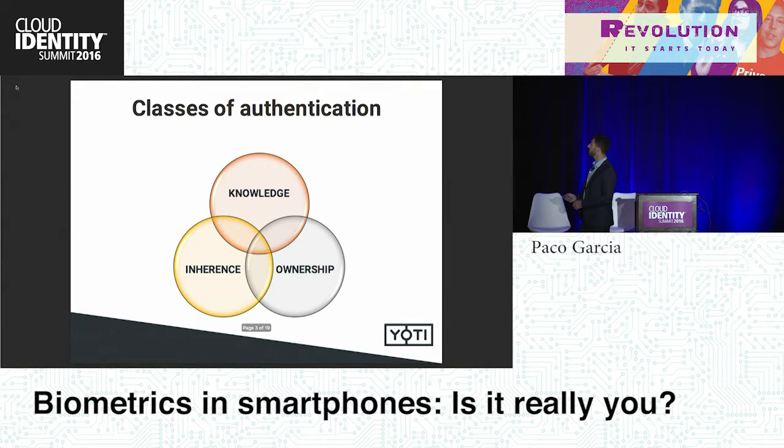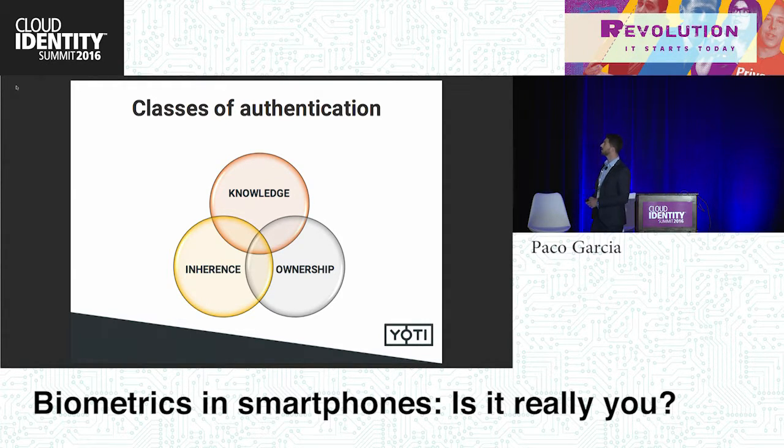If we take a look at the classic classification of classes of authentication, so knowledge, ownership, and inherence, identification is quite straightforward in the knowledge factors and ownership factors, but it's a bit less clear, not that black and white, on the inherence factors.